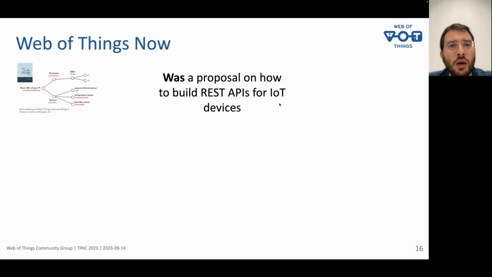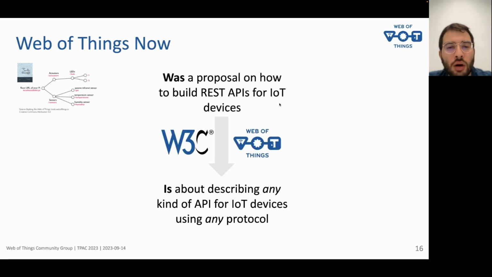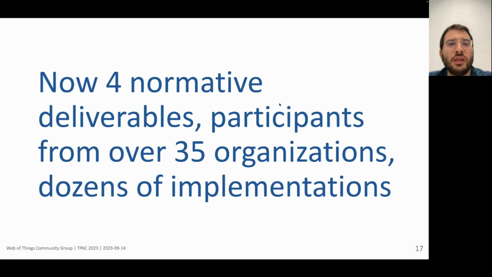And what we're looking at now with the standardization at the W3C is that this proposal is becoming something more, where it's about describing any kind of API for IoT devices using any protocol. It has basically now 4 normative deliverables, participants from over 35 organizations and dozens of implementations. Most are open source.